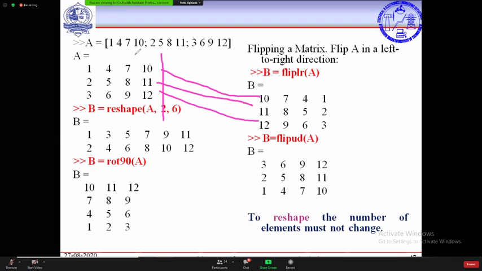When you keep a mirror here, the values go from left to right, 1, 4, 7, 10. It is getting flipped, just like a mirror image of this. Are you able to understand or not?